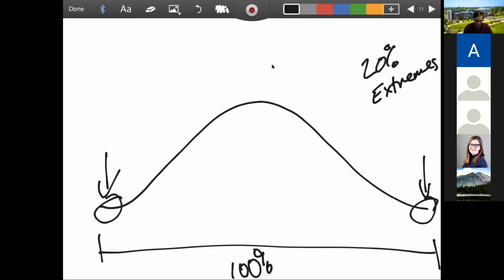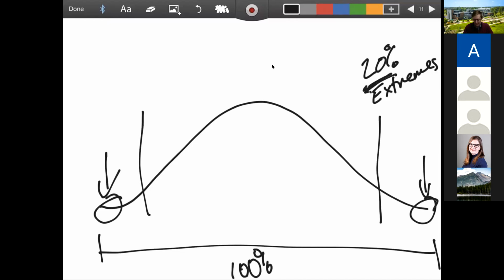And so if we want the middle proportion, we know that if we have 20% at the extremes and we want to find the middle, we need to find, okay, what amount of that 20% goes onto the extremes, and we're going to assume that it's equally distributed in the extremes.